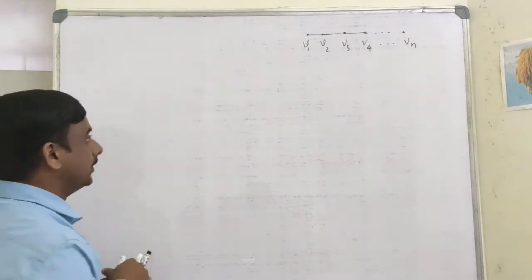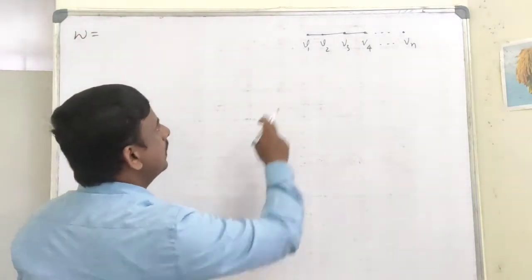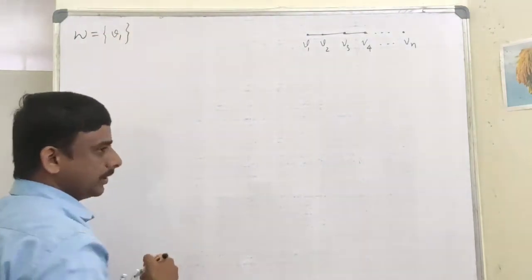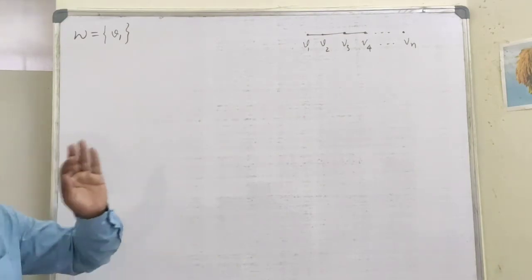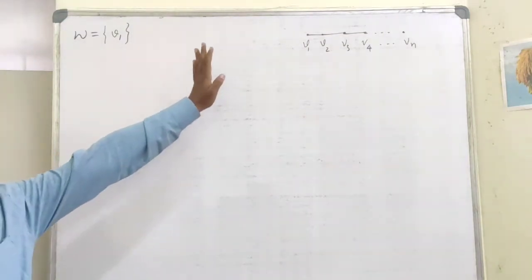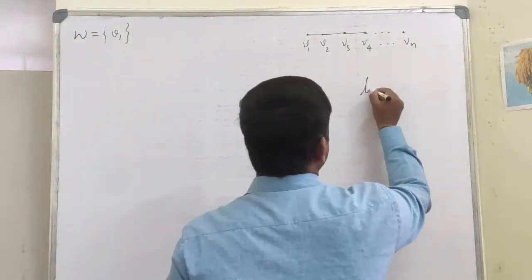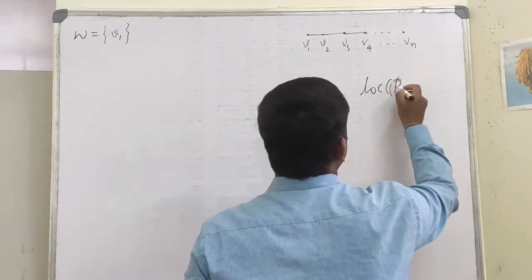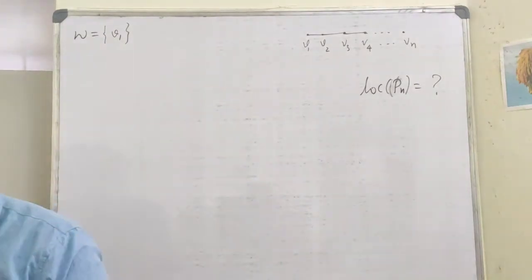Now I take W equal to the first vertex V1. My intention is to find the locating number of Pn. What is the locating number of Pn? That we need to determine.